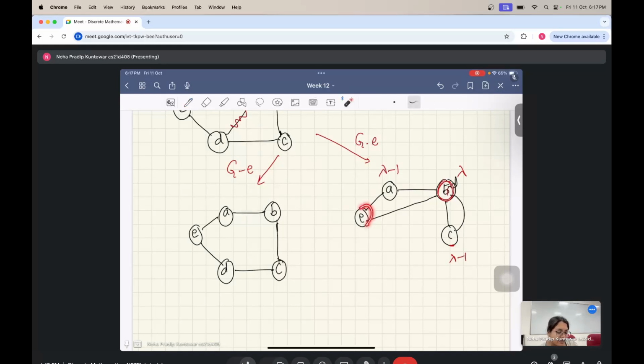And now E is adjacent to A as well as B, therefore the color of it has to be different from what you have colored for B as well as what is colored for A. So two choices are gone out of lambda, therefore you have lambda minus 2 choices for this.